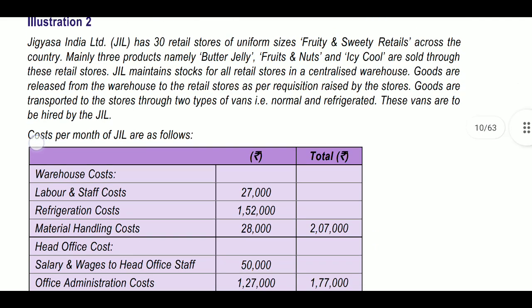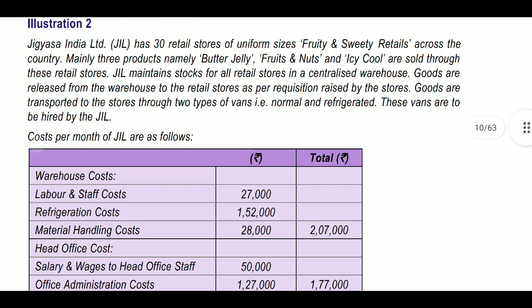After that we will see illustration number 2. In illustration number 2 they provided that GST India Limited, GIL, has 30 retails. What happened for the 30 retails? It has sizes of fruity and sweet retails across the country.